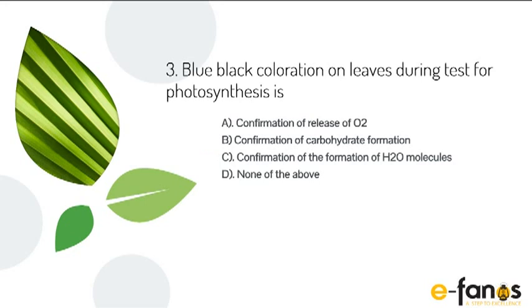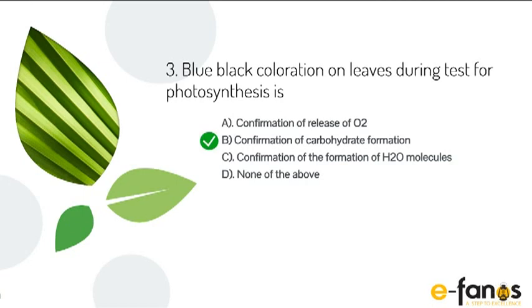Blue-black coloration on leaves during tests for photosynthesis is A, confirmation of release of O2, B, confirmation of carbohydrate formation, C, confirmation of the formation of water molecules, or D, none of the above. And the correct answer is B, confirmation of carbohydrate formation.